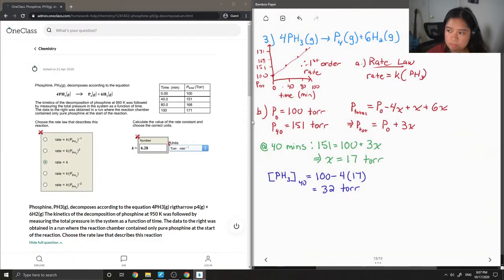So now, since we know that we have a first order reaction rate, I can use the following equation.